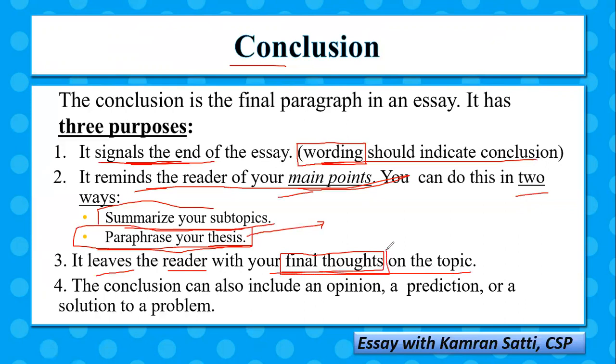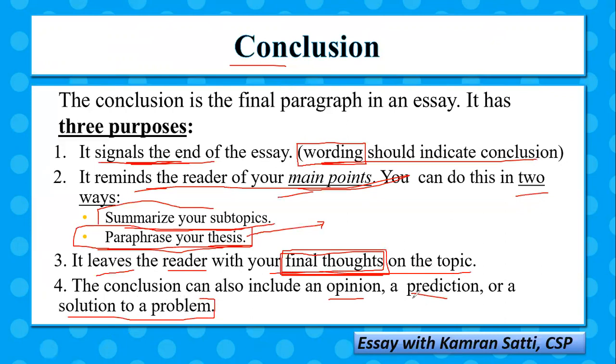If you have taken a stance, then you have fully justified it, and you're once again reiterating that you are very clear about your thought process. Remember, the conclusion can also include an opinion, a prediction, or a solution to a problem. For example, if the topic is the energy crisis, it can be a solution.